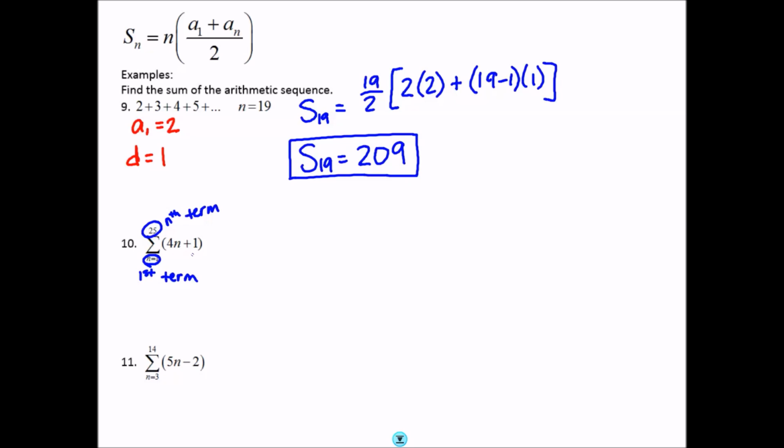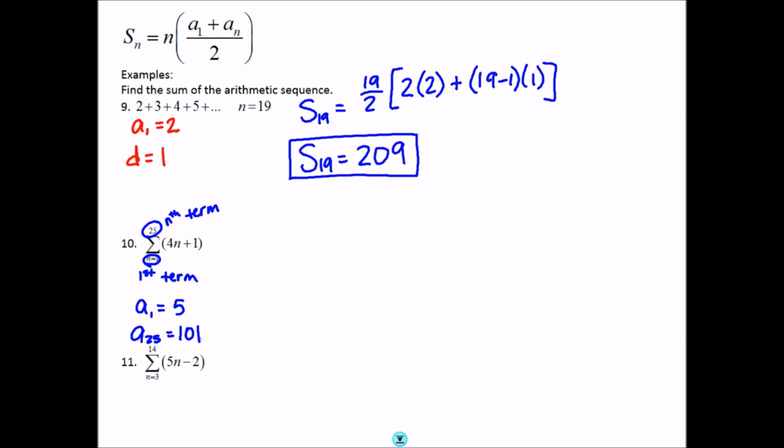So this formula here on the notes says that you want to use the first term and the nth term. So if I plug 1 in for n, I get 4 times 1 is 4, plus 1 is 5. So the first term is 5. Then I can find the 25th term, which is the nth term. 4 times 25 is 100, plus 1 is 101.